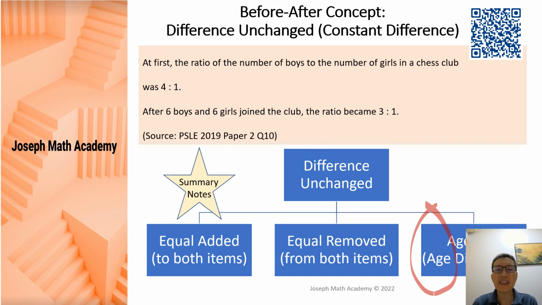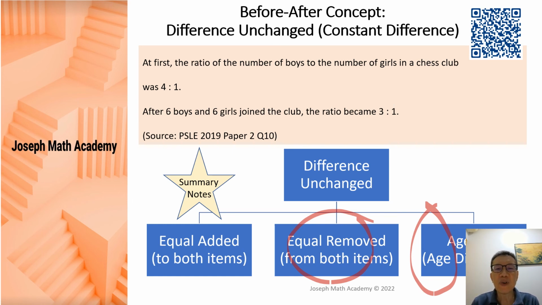Their difference in age, the age gap, should never change. So it's difference unchanged. You will know more about how to solve questions involving equal removed and age gap in my other videos.